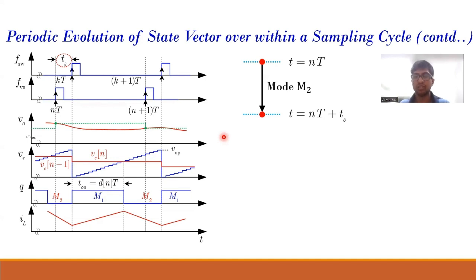One main factor which I forgot to mention here is the continuous time model with the delay. It represents very closely the actual discrete time small signal model. Making the discrete time small signal model takes so much time and is so tedious, but the continuous time small signal model is quite easy. You just have to incorporate the delay due to the digital pulse width modulator and the ADC delay.